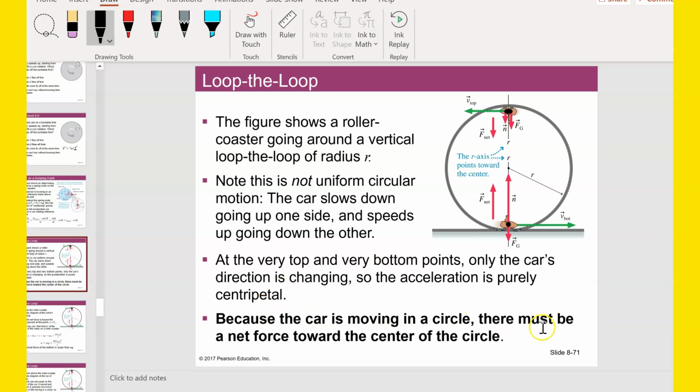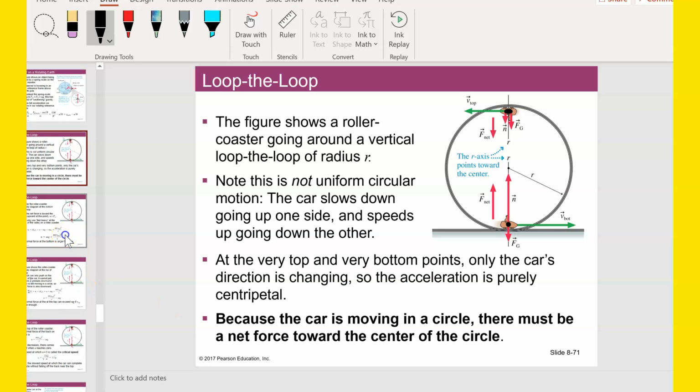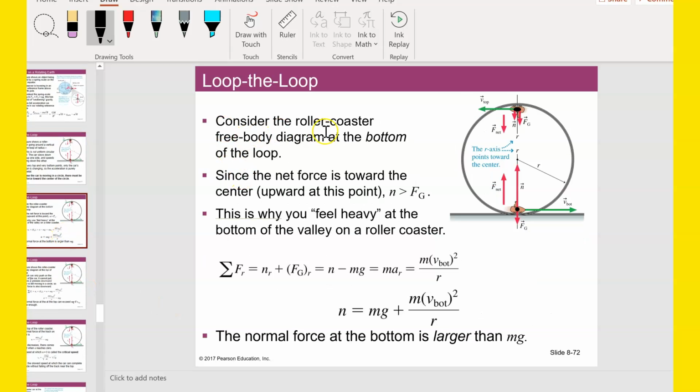Because the car is moving in a circle, there must be a net force toward the center of the circle. All right. Consider the roller coaster free body diagram at the bottom of the loop. Since the net force is toward the center, the normal force must be greater than gravity. That's why you feel heavy at the bottom of the valley of a loop-the-loop, or the bottom of the valley on any roller coaster.